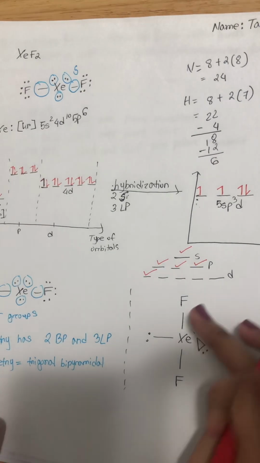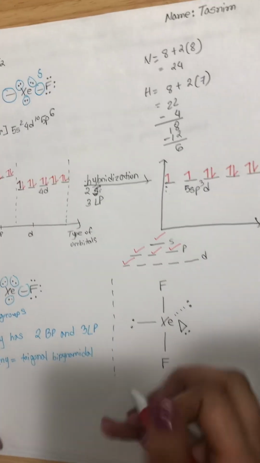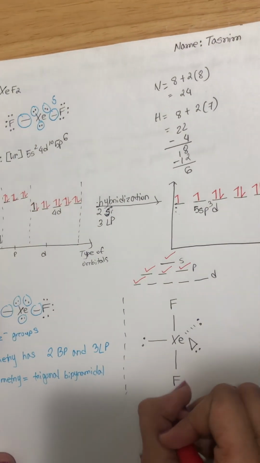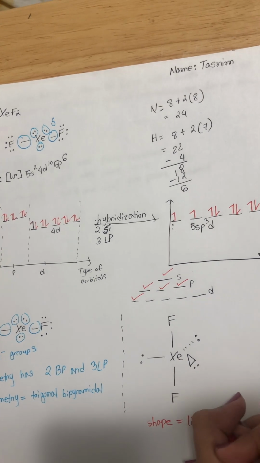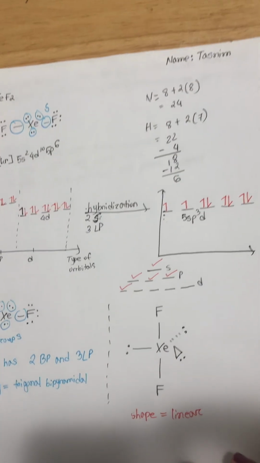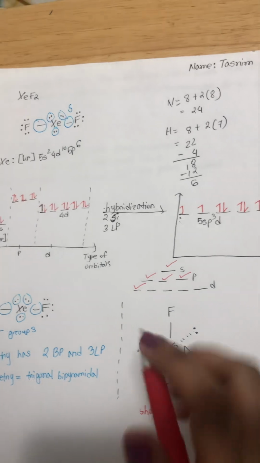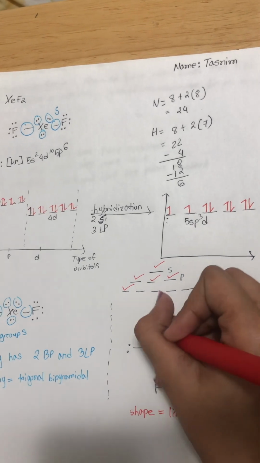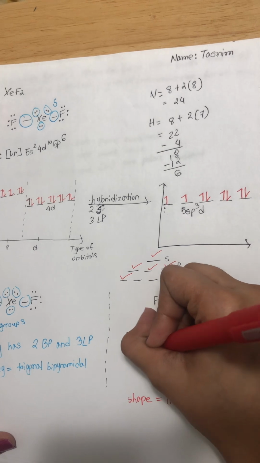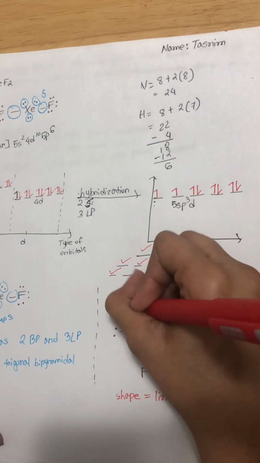The shape here is linear. The angle is formed from bond to bond. So the angle here is 180 degrees.